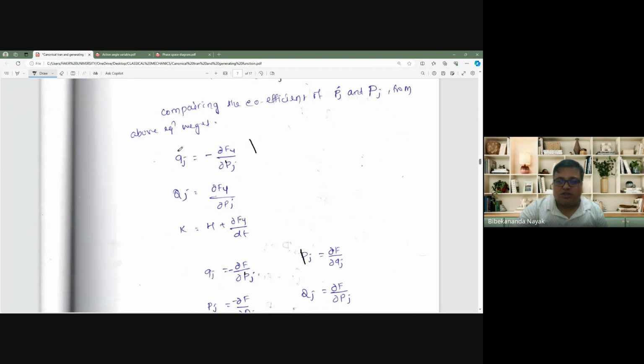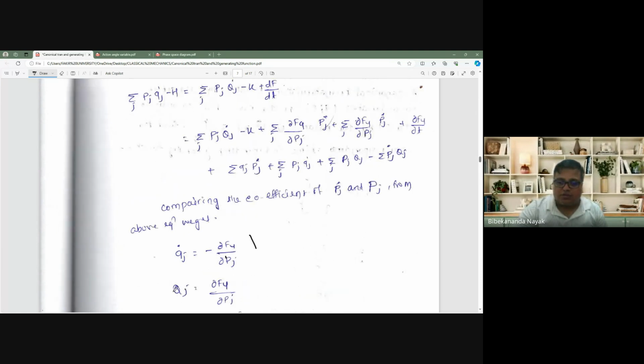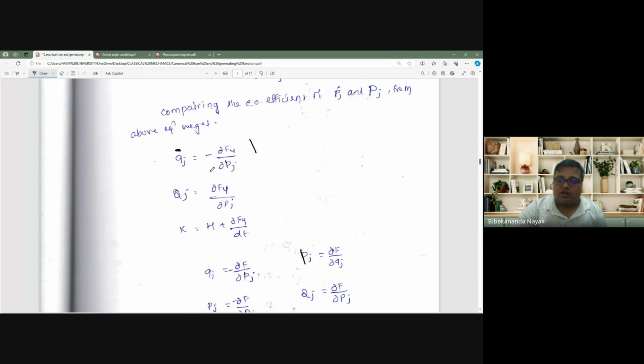Small qj is equal to del f4 by del pj, and capital Qj is equal to minus del f4 by del Pj. These are the variables which can be derived from generating functions. So whatever generating function is given, we can derive the unknown variables by using these formulas.